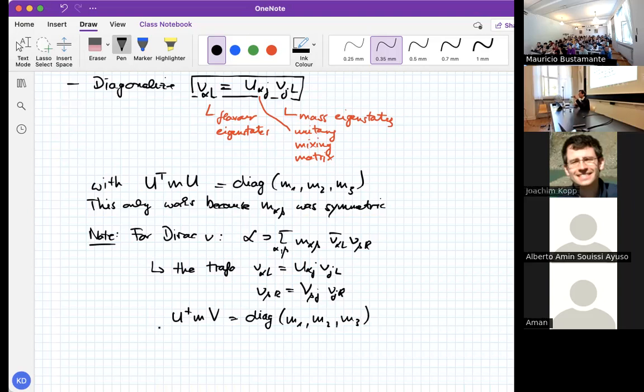Remember, the mass matrix for Dirac neutrinos could have been a completely general 3x3 complex matrix. So this works for general complex m alpha beta.